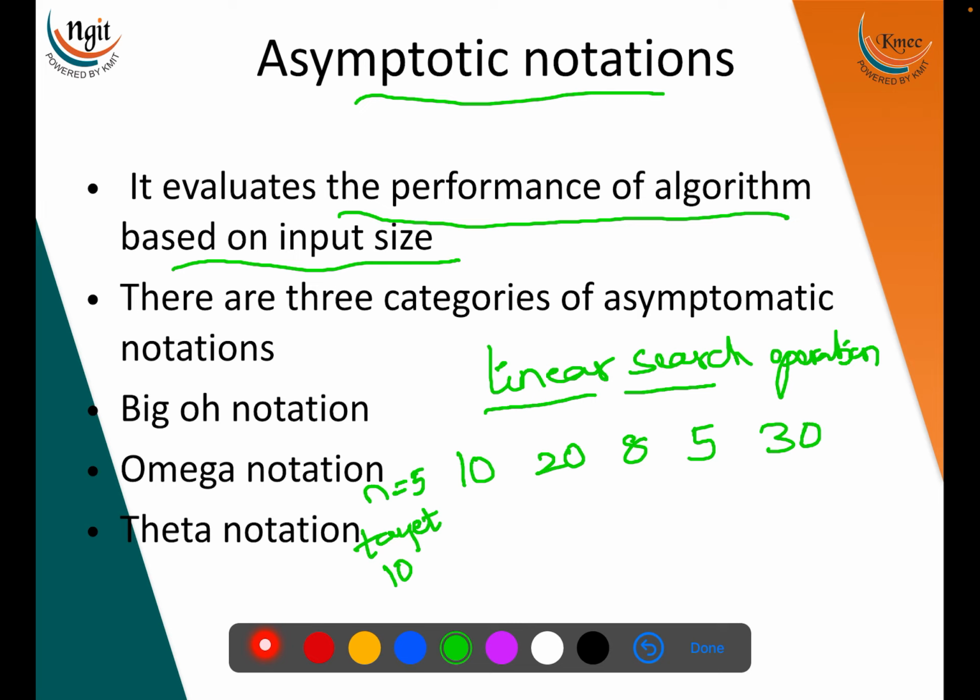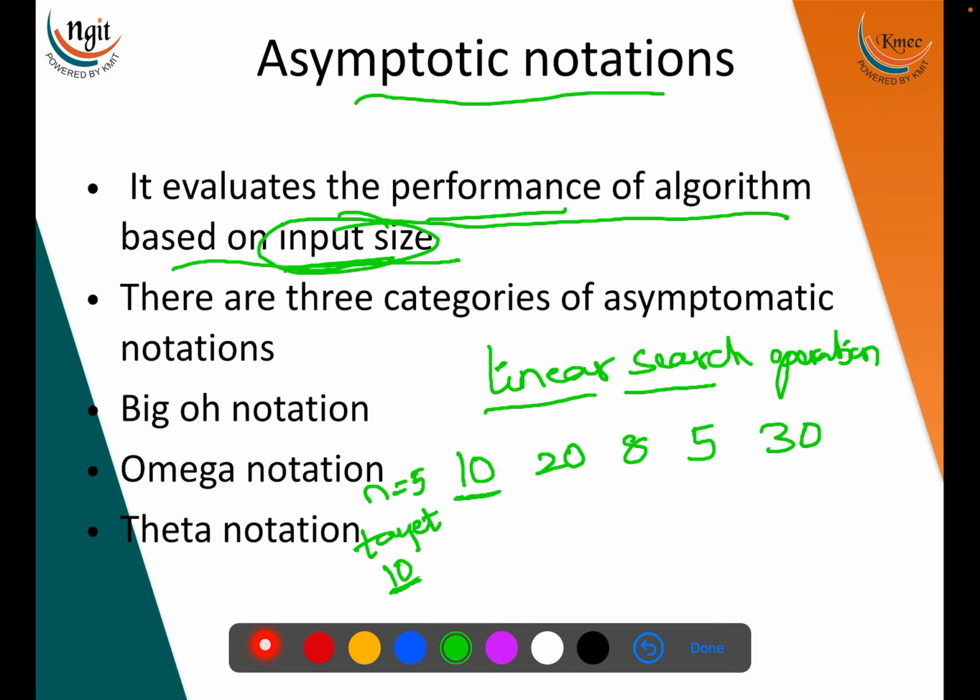So when my input is 10, asymptotic notations help to evaluate the performance of algorithms based on input. Now my input is what? I have given my target as 10. So when my target element is 10, I will find it by comparing the first index element with the target element.